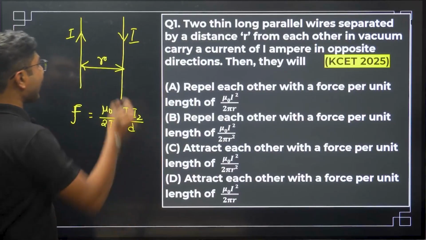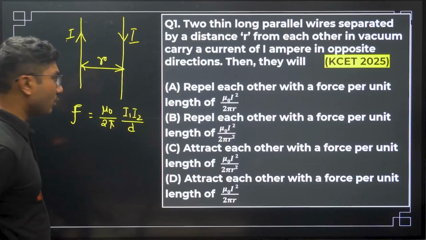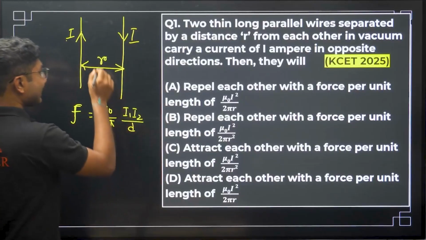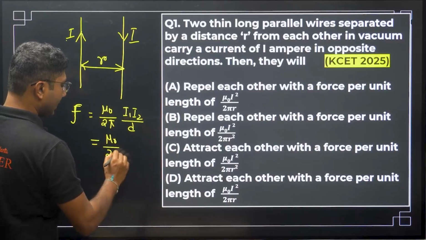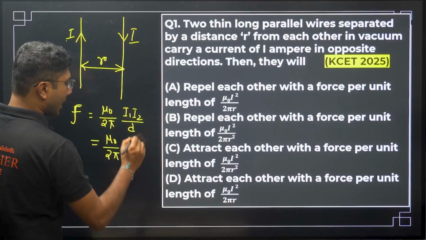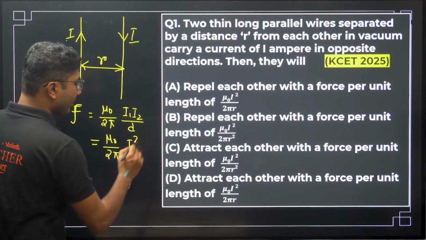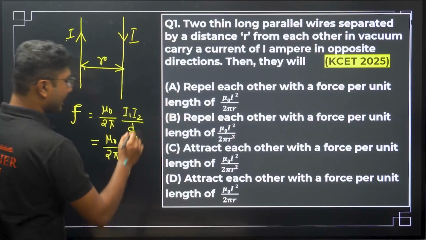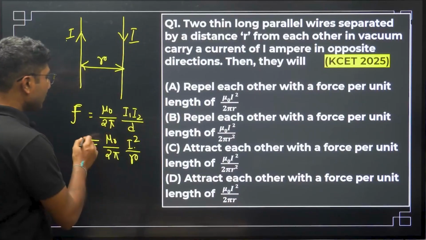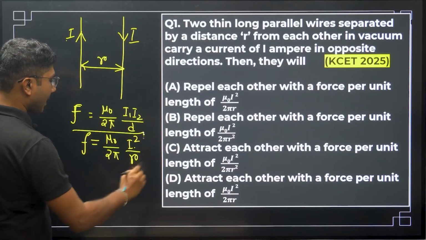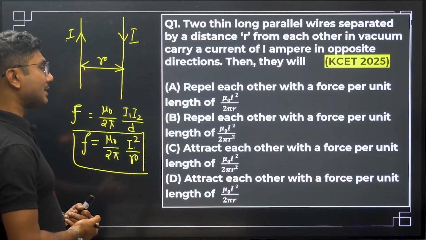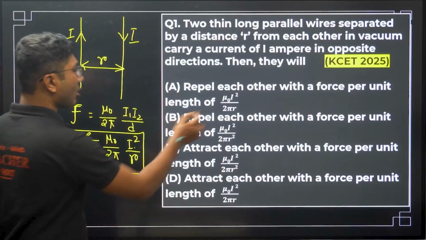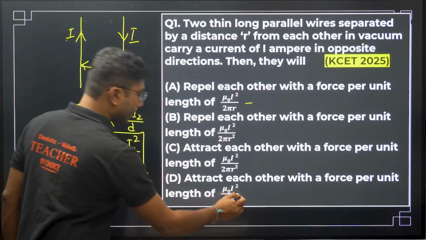Now in this case both I1 and I2 are equal, but the distance is given by r. So let me put that value: mu naught by 2 pi, I into I means I square, by r. d is equal to r in this case. So the force per unit length is given by mu naught I square by 2 pi r. So either option A or option D is correct.